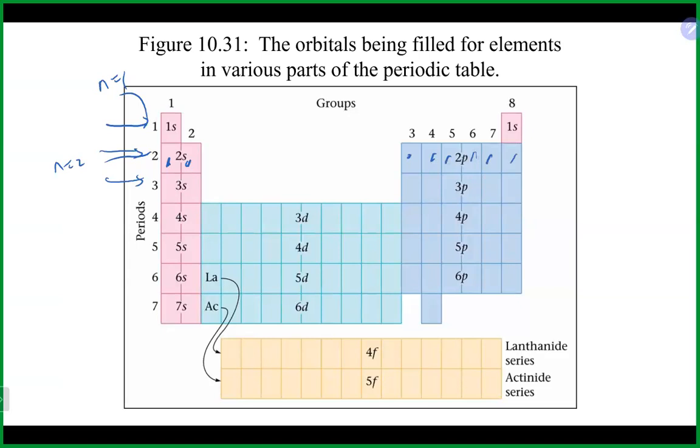The transition metals are the d orbitals, which can hold 10 electrons: 1 through 10. And those 2 on the bottom, the lanthanide and actinide series, are the f block, which can hold 14: 1 through 14. So you can count off electron configuration by just looking at the periodic table.